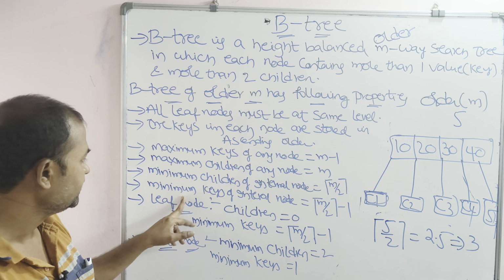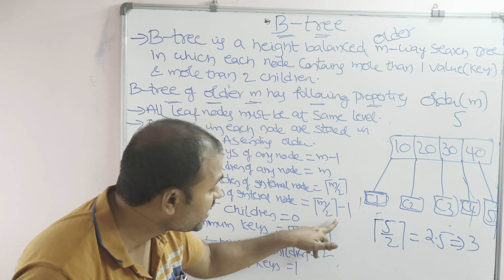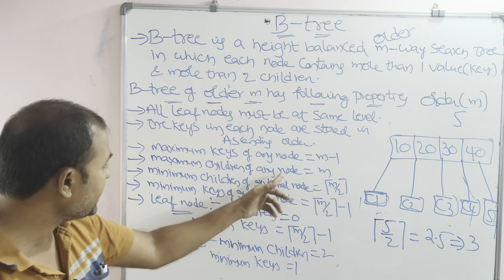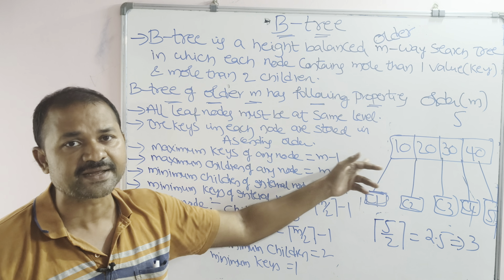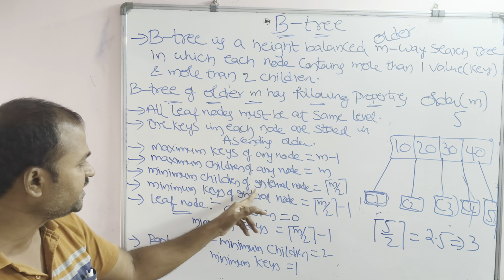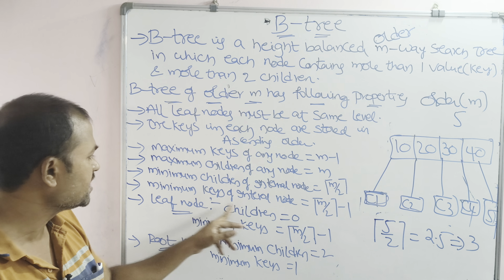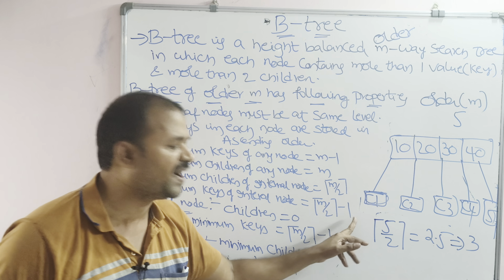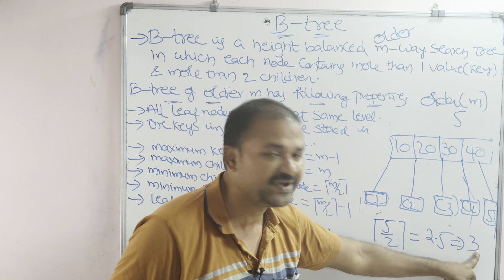So next, the minimum keys of an internal node are ceil of m by 2 minus 1. If we take the previous one, if the children are m, then the keys are m minus 1. So likewise here also, the children are ceil of m by 2, so the keys are ceil of m by 2 minus 1. So if we take this example, m by 2 means we have 3.